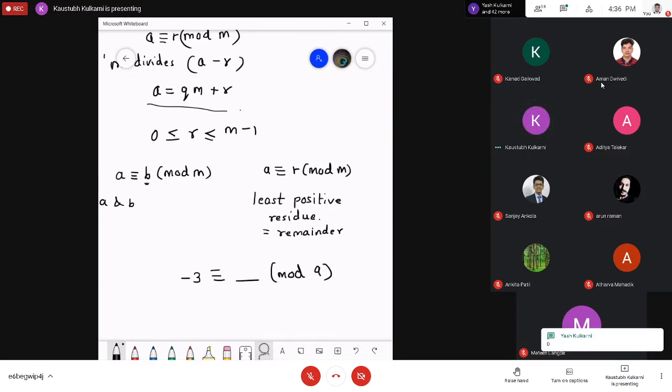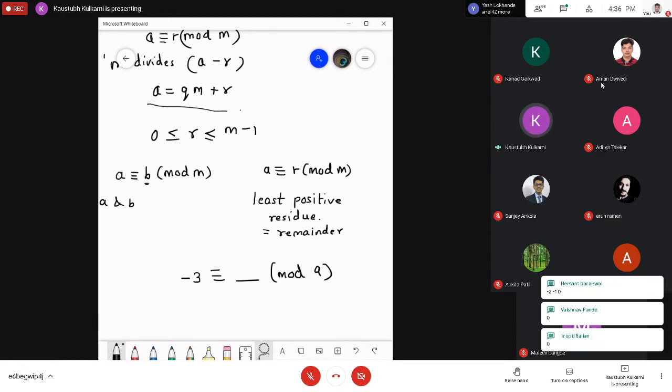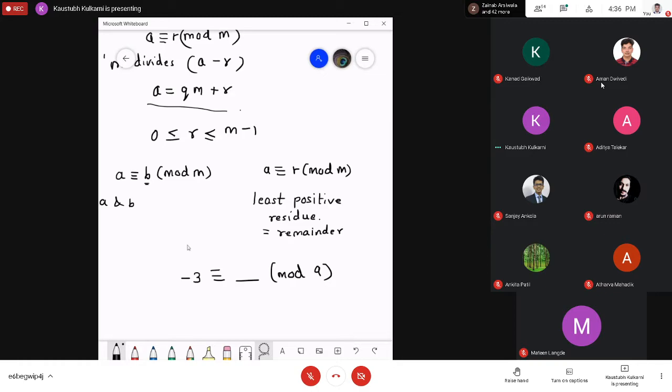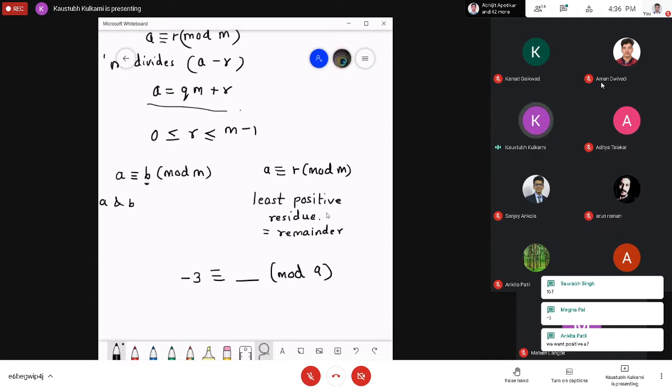Zero. Minus 3 divided by n you are performing. What is the closest multiple?